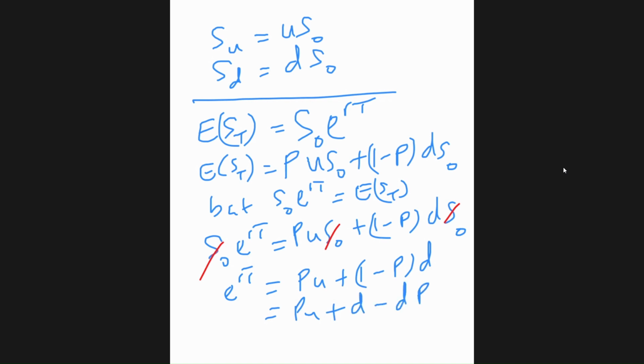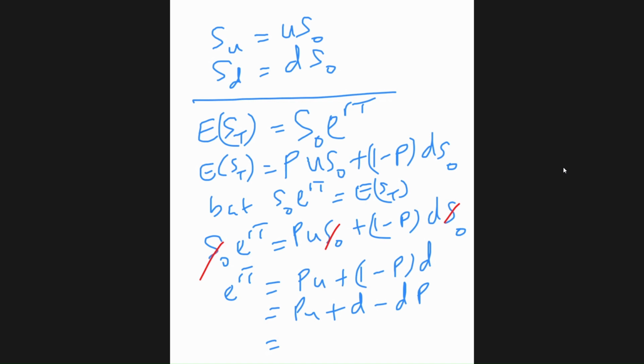Yeah, that one looks nicer. So we want to find probability P, which is a risk-neutral probability that the price will go up. So that the probability price will go down is simply 1 minus P.